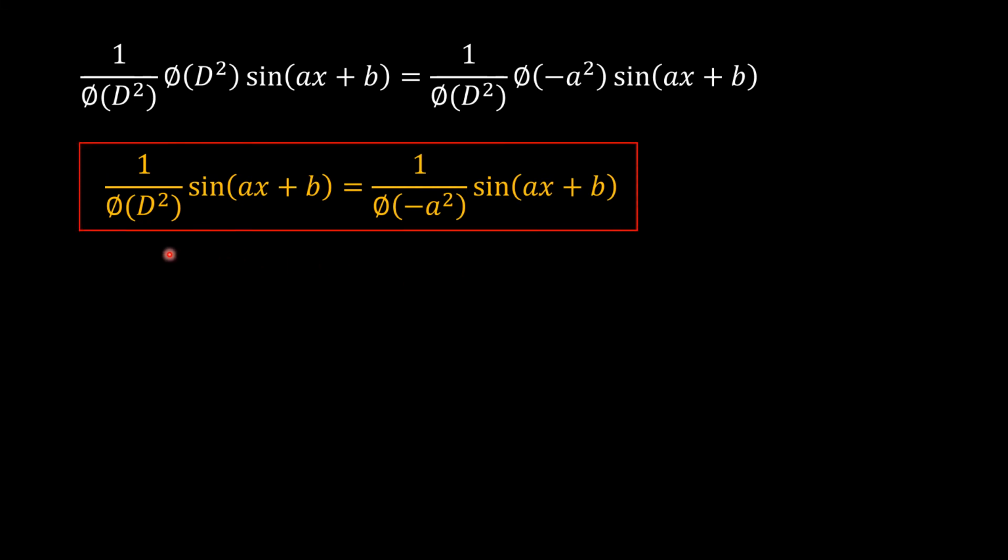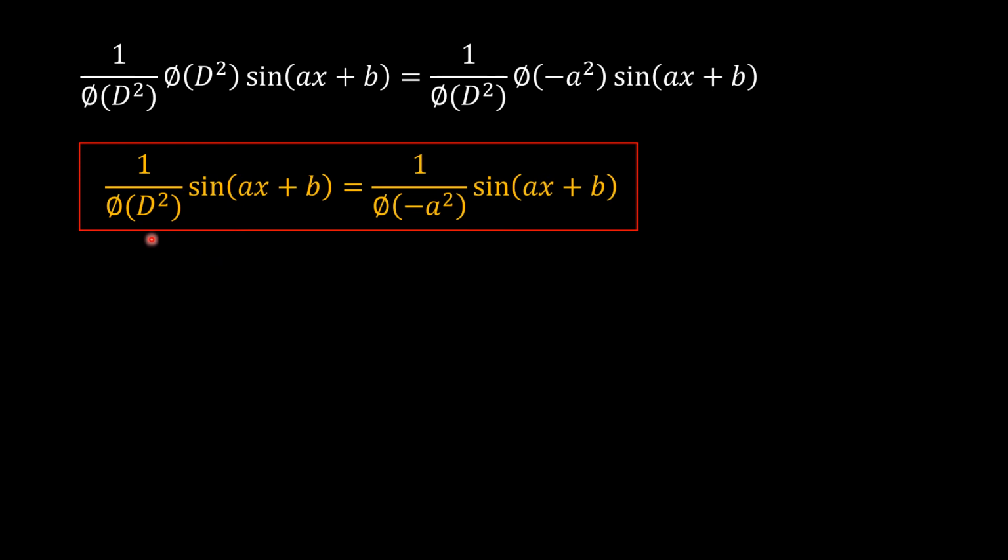This means that in the trigonometric sine function, whatever the D square terms are in phi of D, the given polynomial in the differential equation, we are supposed to replace all those D square by minus a square, where a is the coefficient of x under the sine function.